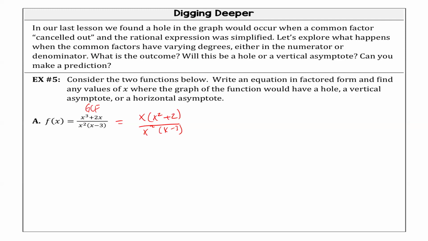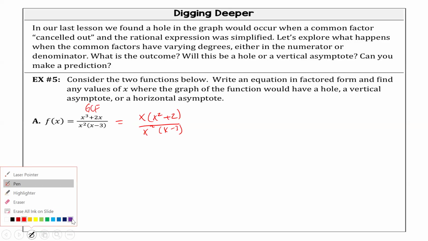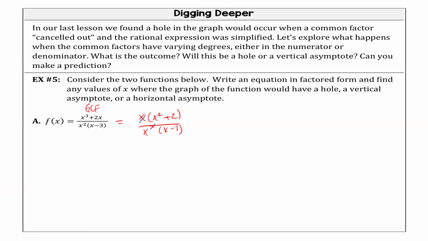What happens here? x cancels out, but there's still one left in the bottom. So did it create a hole? No, because x cancels out and there's still one left in the bottom. It did not create a hole.